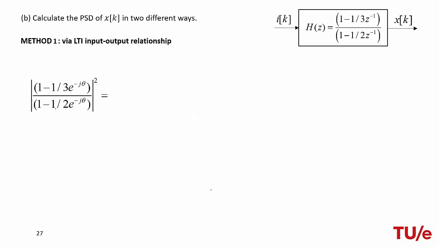Now, to simplify this part, we just need to remember that e to the power of j theta is equal to cosine theta plus j sine theta, and also that sine of minus theta is equal to minus sine of theta, while cosine of minus theta is equal to cosine theta.